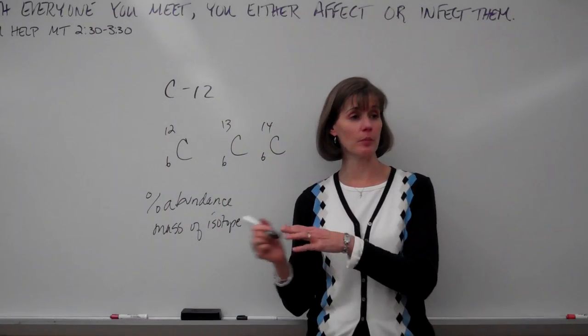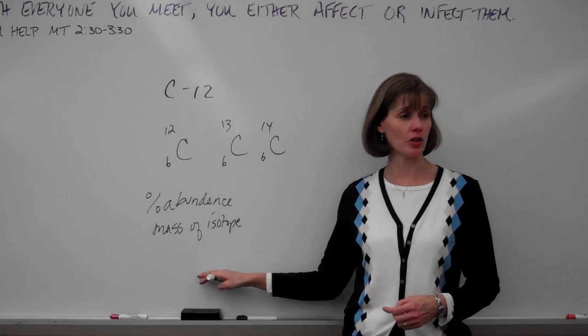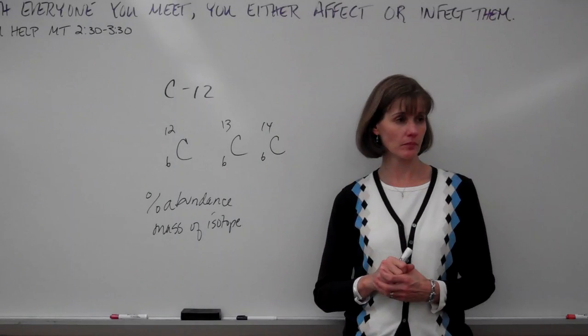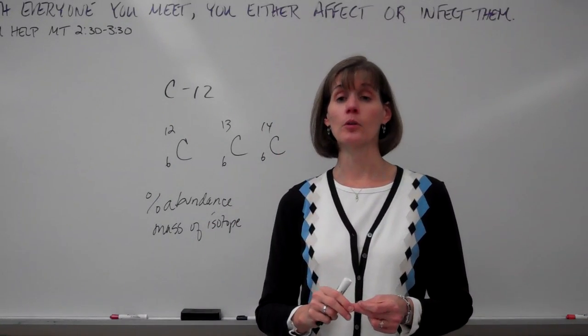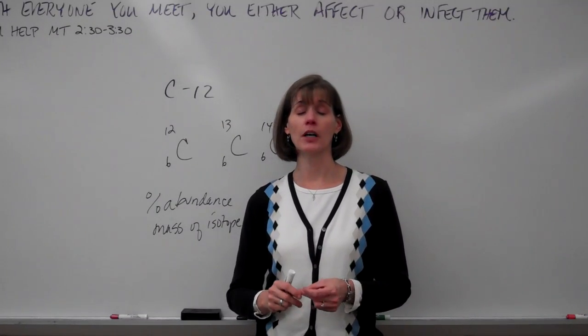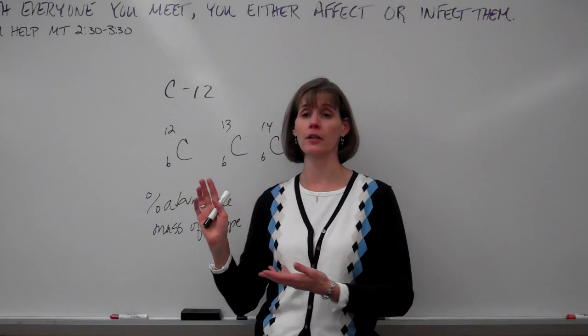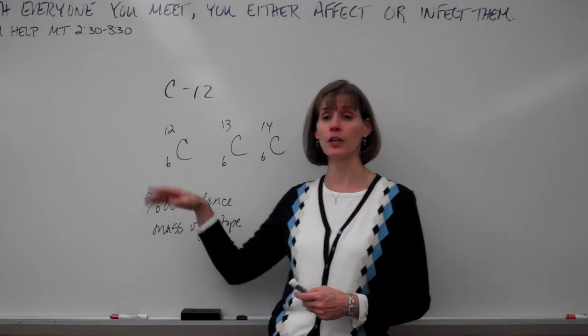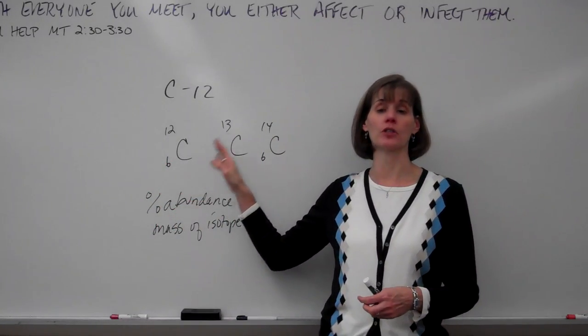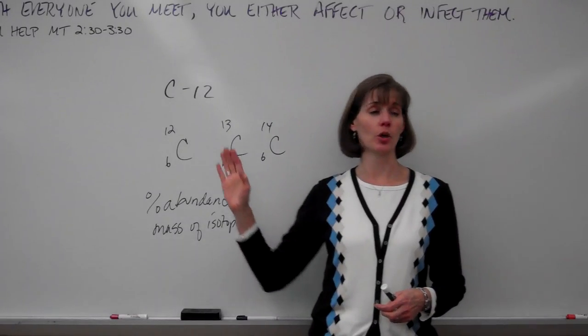And we take the percent abundance times the mass of the isotope, we add them all up. This is what we did with the big books. What is the percent abundance? The percent abundance is how much of all the naturally occurring carbon is made of carbon 12, how much of it is carbon 13, and how much of it is carbon 14. And nobody memorizes that.